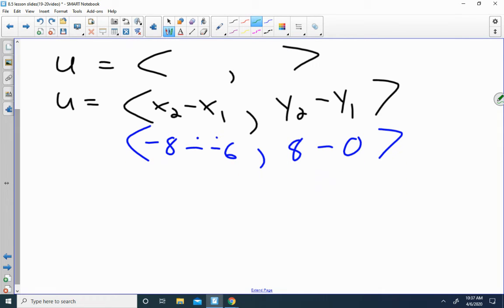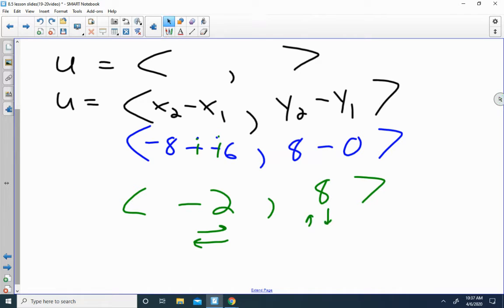All right, now you just do the math from here. So you've got -8 minus a -6. Minus a negative will make that a plus. So now you just have -8 plus 6, which gives you -2. That will be your number to tell you to move left or right. Then the second number, 8 minus 0, will give you 8.